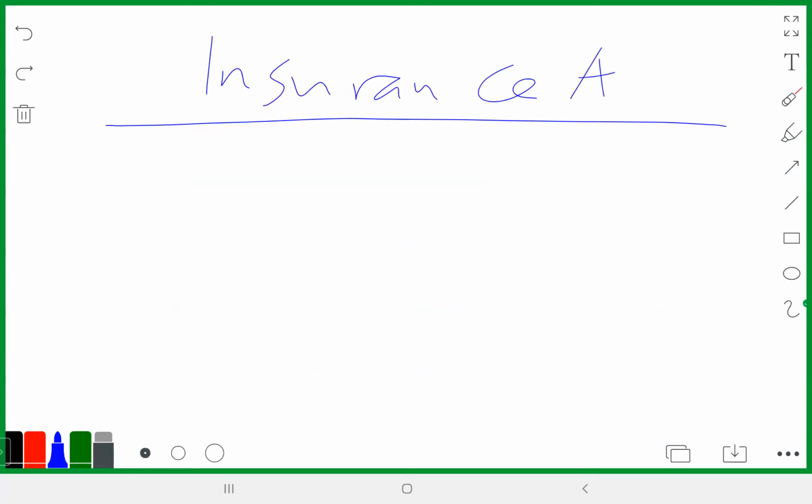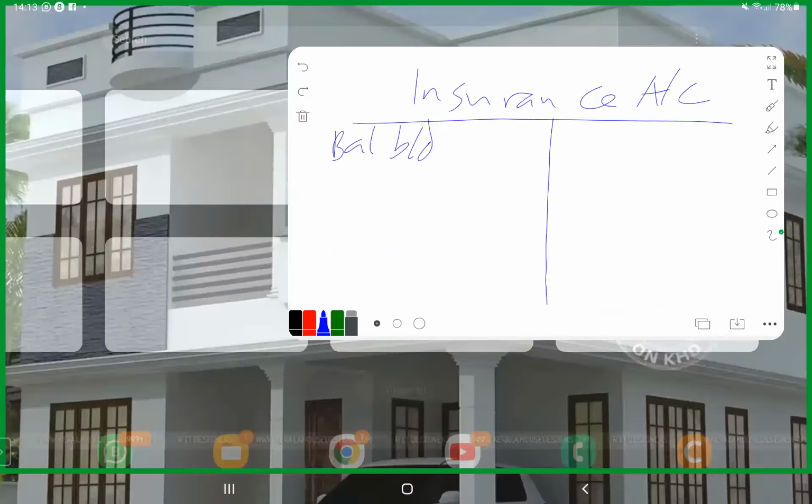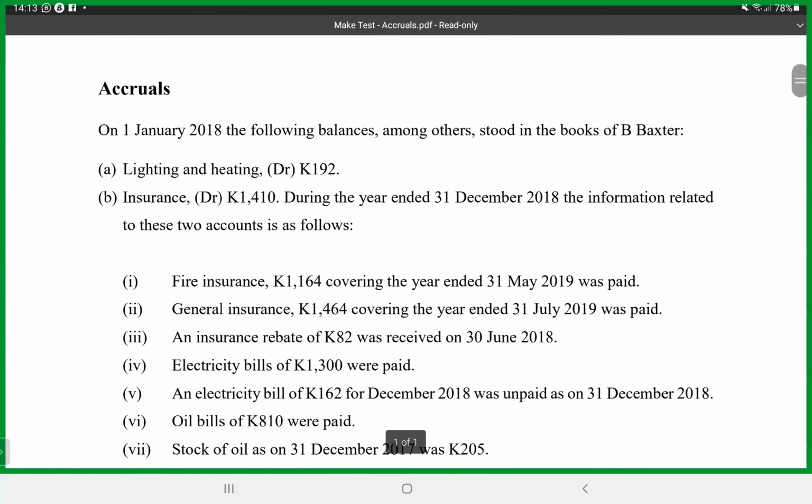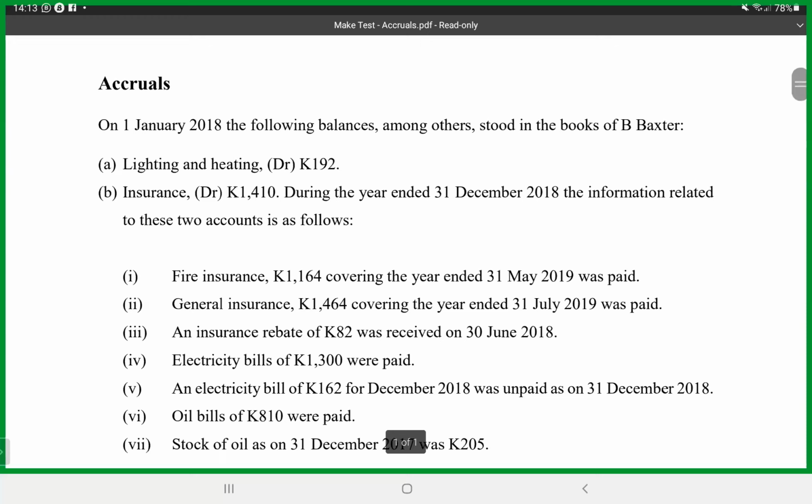Yes, sir, it is clear. So we can start with the insurance account. All those expenses that involve insurance will be recorded under insurance. You are told that the insurance started with the opening balance brought down from the previous period of how much? The insurance 1,410.